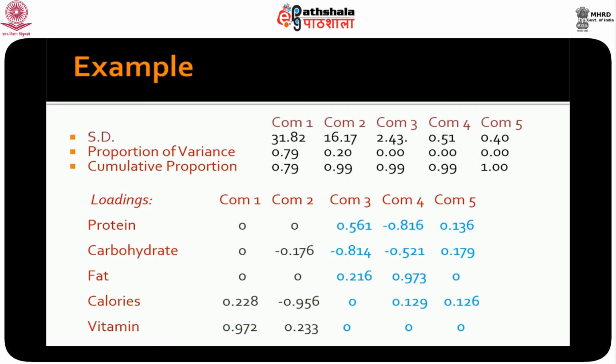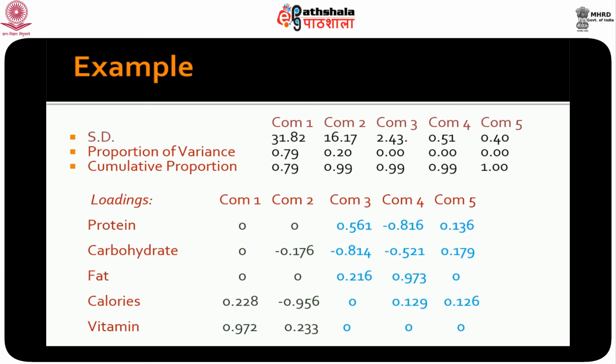So, the proportion of variability explained by the first principal component is 79%, and the proportion of variability explained by the second principal component is 20%.